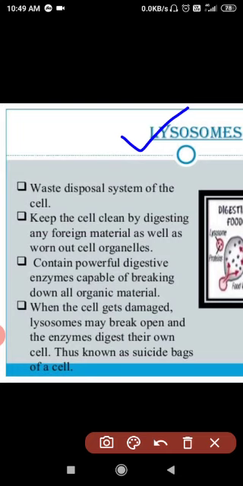When a foreign particle comes near it, it starts bursting itself, and at that moment many digestive enzymes present inside the lysosome come out and digest that foreign particle. Because during this activity the lysosome kills itself, we call it a suicidal bag.